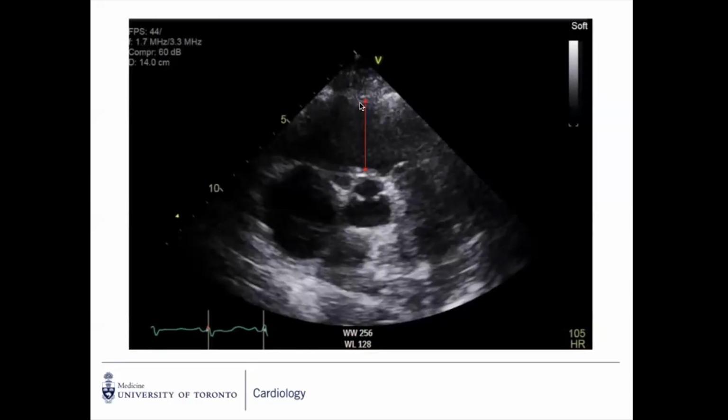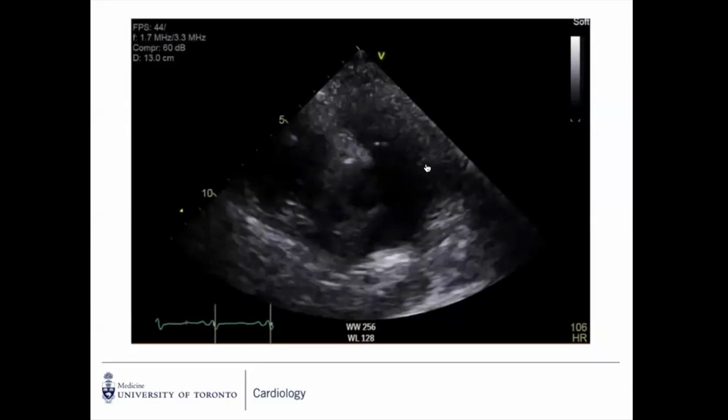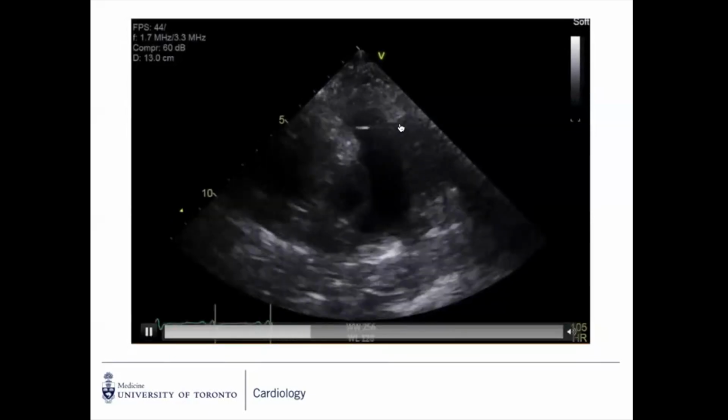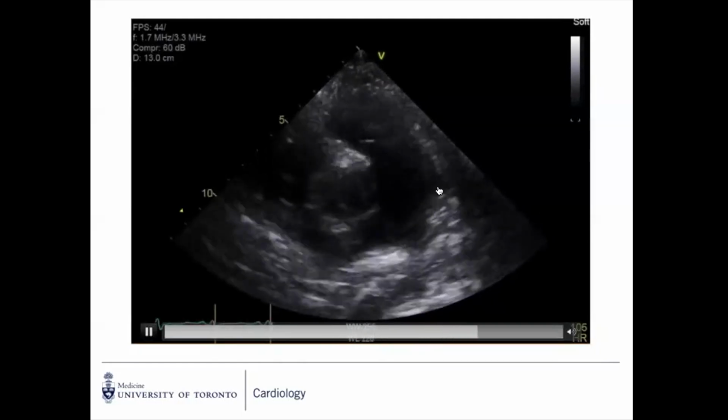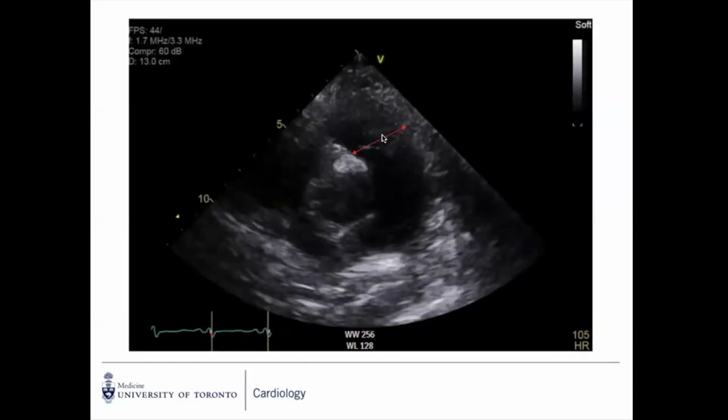It was above 3 centimeters. As you remember, the normal would be 2.7 in this case. And then here, you're above the level of the pulmonic valve. It's a little bit obscured, so you want to get a better image to be able to assess that RV outflow. In this view here, you can see the distal RVOT a little bit better and the PA a little bit better, and so you would be able to get some measurements here.